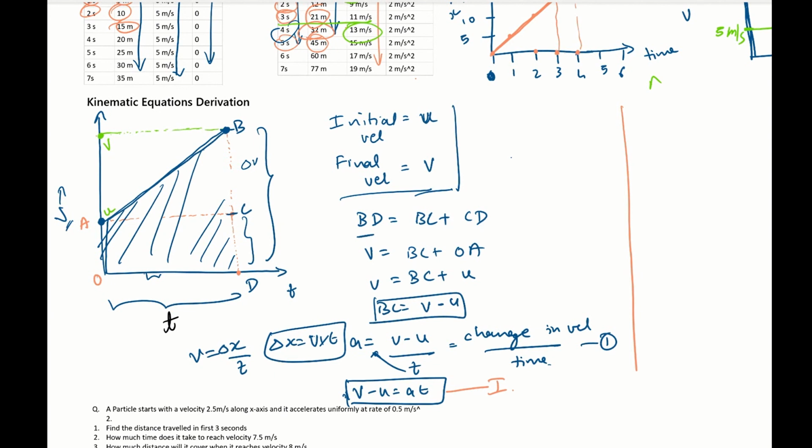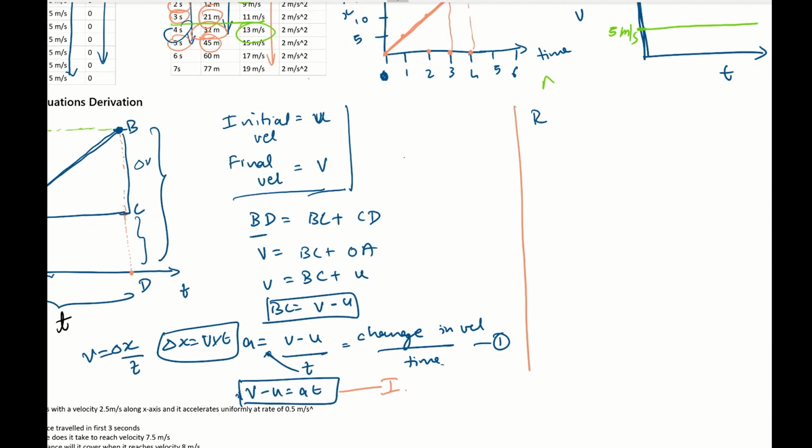So in order to calculate the area under this graph, we're going to split the graph into two. First we're going to look at this particular triangle and calculate its area, and then we're going to calculate the area of this rectangle. All right, so let us begin by calculating the area of the rectangle.